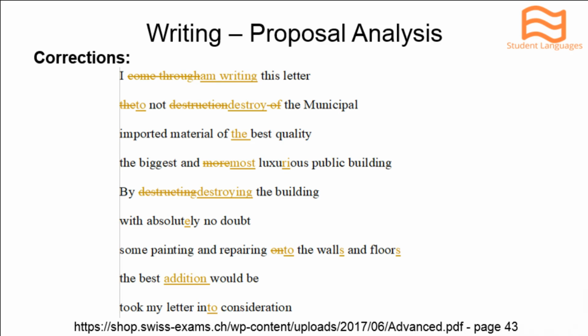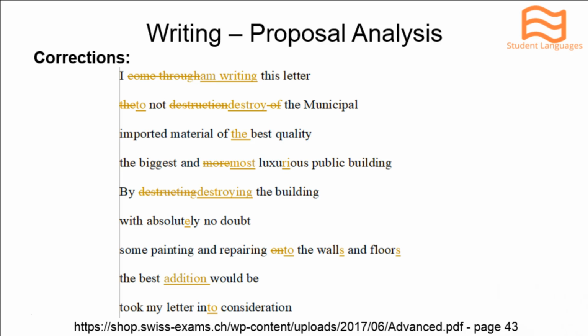And again in the next sentence, destructing is not the right verb. We need to say destroying. The following sentence absolutely has an E between the T and the L. Some painting and repairing to the walls and floors, with S's because it's plural. We need to say the best something would be.